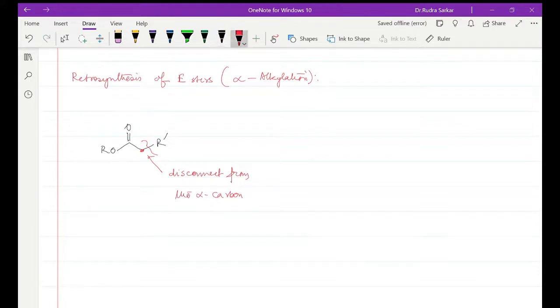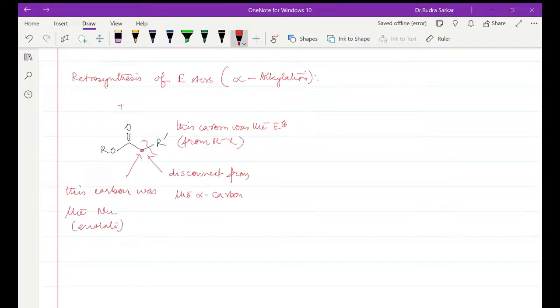So this group, or carbon, was the electrophile from R prime X, that is the alkyl halide, right? And if that is the electrophile, the other one has to be the nucleophile. That means this carbon, the alpha carbon, was the nucleophile. That is the ester enolate.